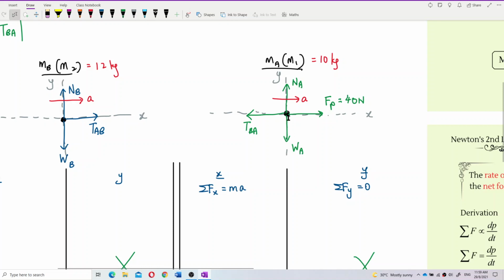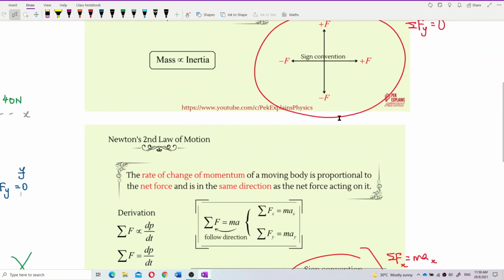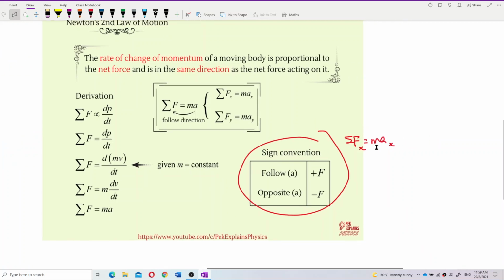Before you continue, you must put the positive negative sign first. If you have acceleration, you need to follow acceleration. In the x component, we have acceleration, so follow acceleration positive, opposite acceleration negative.